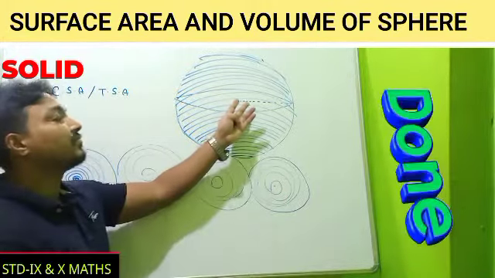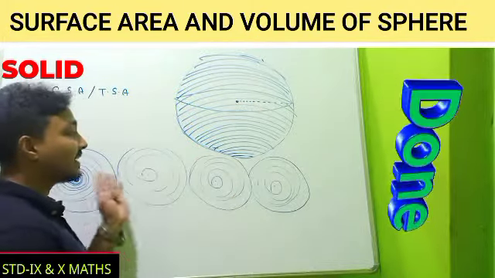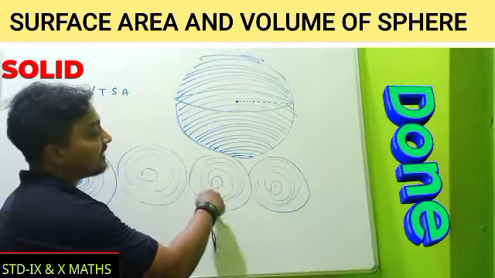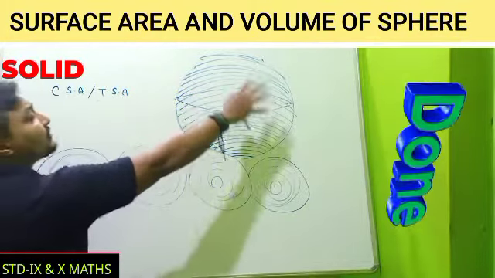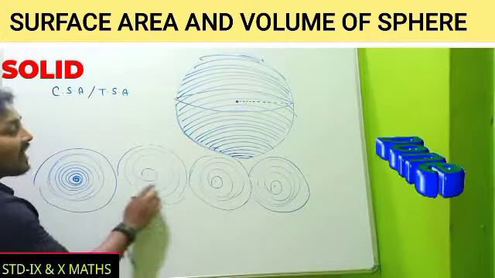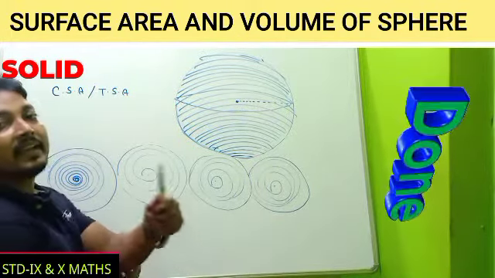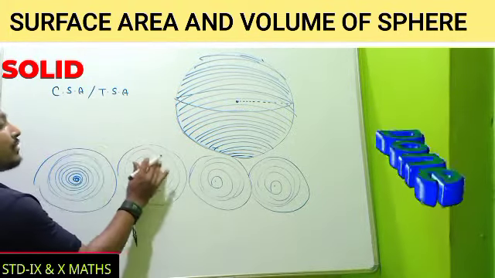With the radius of the sphere, the 4 circular patches were covered by the same thread, so the curved surface area of the sphere is the same as the area of the 4 circular regions. The area of each circular region is pi r square.